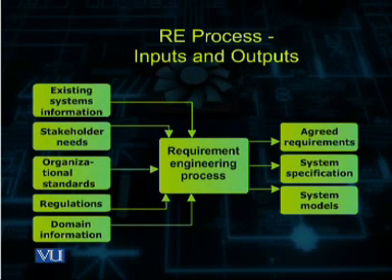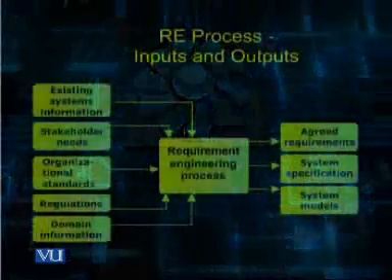Another aspect of the requirements engineering process is that it varies from one organization to another organization. And not only different organizations, but it also varies within an organization. And that is the real strength of developing a process for conducting the requirements engineering activities.